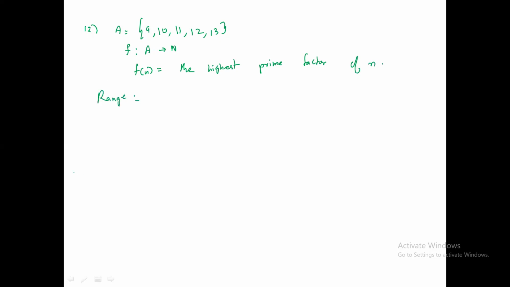You have to find the range. So you are given A as 9, 10, 11, 12, 13, and F is from A to the set of natural numbers. And then F of n is the highest prime factor of n.